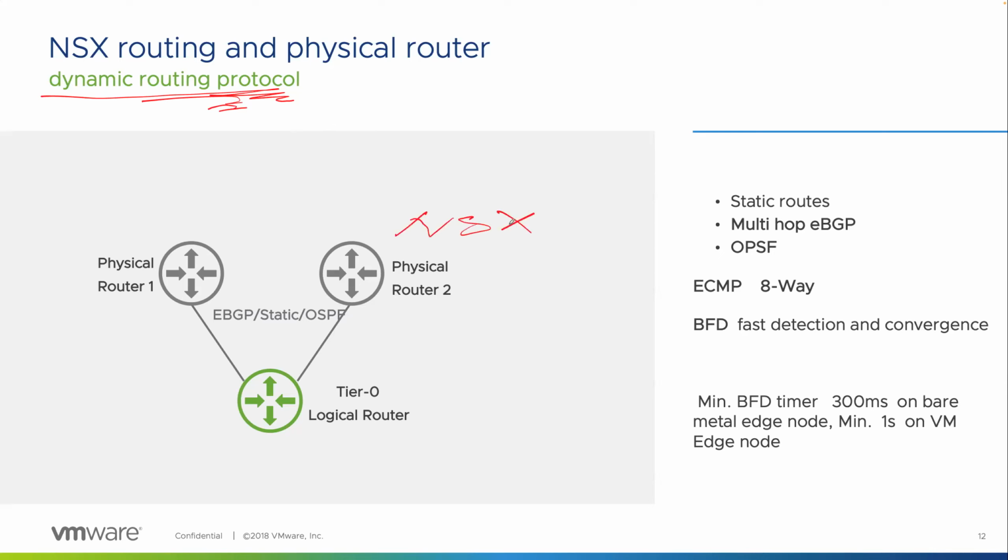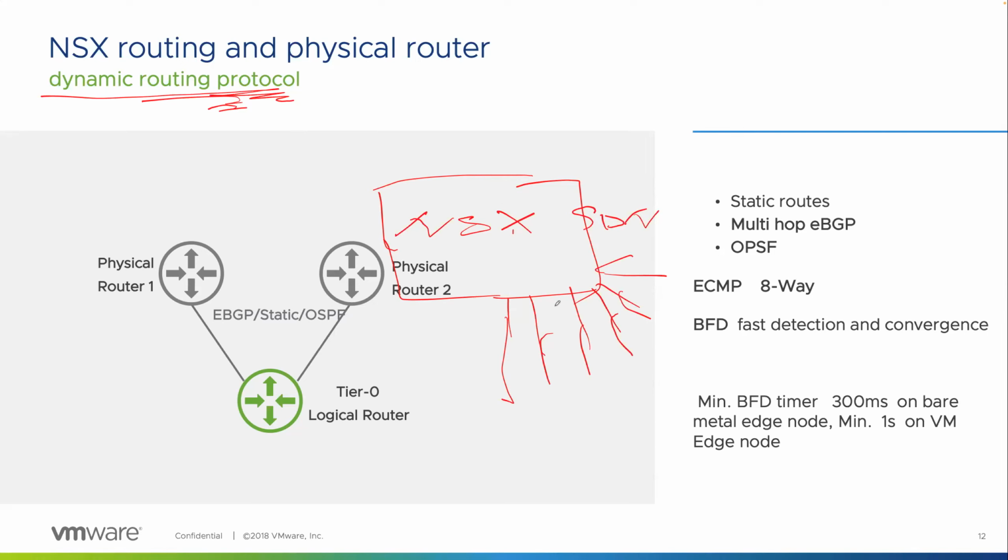But NSX as SDN, within the NSX system, we have a lot of particular tables, so NSX can manipulate and help us do some routing and switching. So you don't need to care about the routing protocol within NSX.